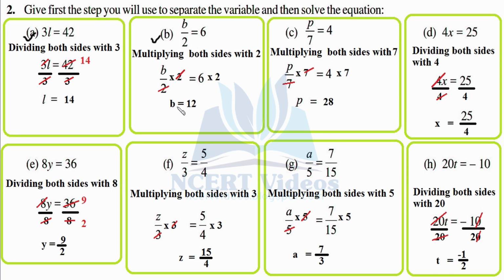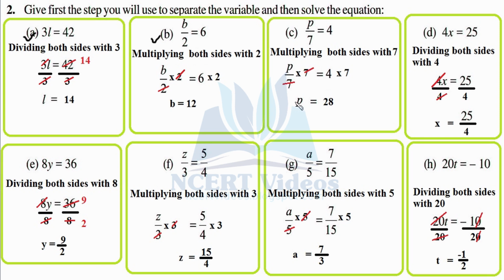Now again, by solution we mean if we place this value of b equals 12 here, 1 two is 2, 6 twos are 12, 6 equals 6, the equation is satisfied. C, b by 7 equals 4, it is divided by 7, so we will have to introduce multiplication. So multiplying both sides by 7, b by 7 first as it is, equal to 4 as it is, then introduction of multiplication by 7 on both sides.